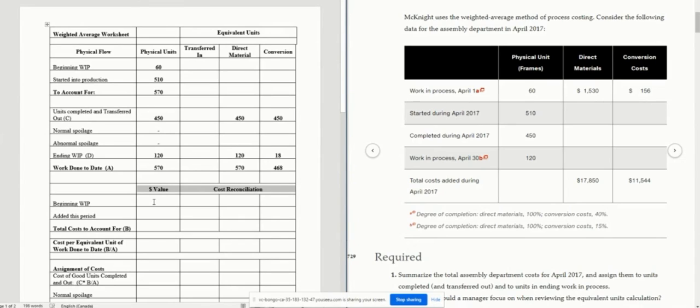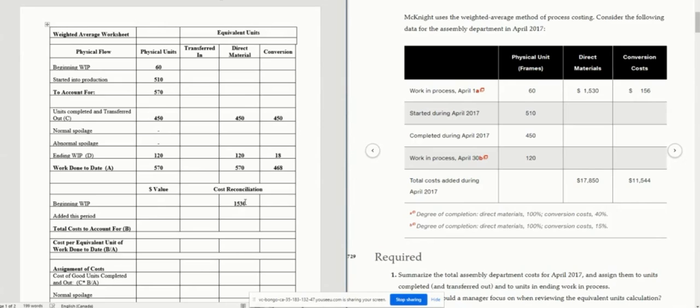So what's my beginning work in process? The value of it, they tell us that over here. $1,530.